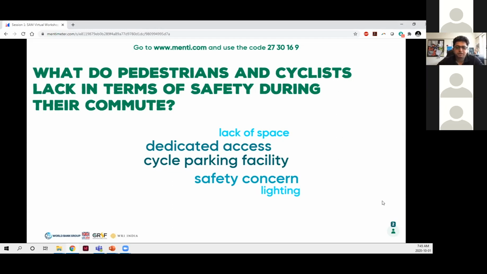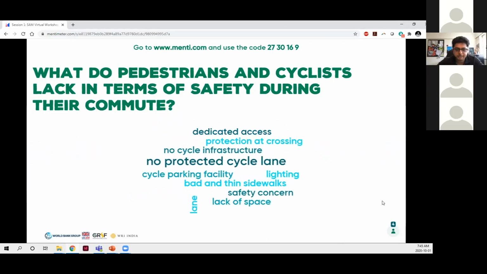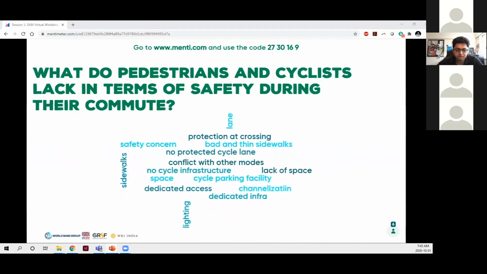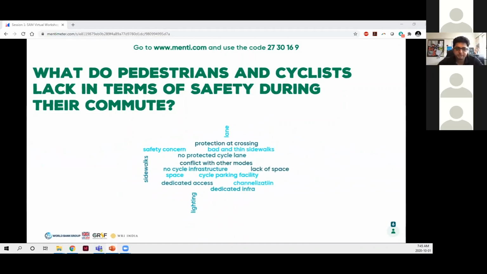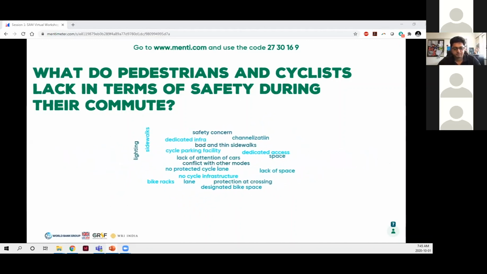So we have lack of space, bad and thin sidewalks, no cycling infrastructure, no protected cycling lanes, parking facilities, lighting, again concerned with safety and visibility when you cycle or walk. Wow, that's interesting. And there's car parking facility, dedicated access space. Yeah.